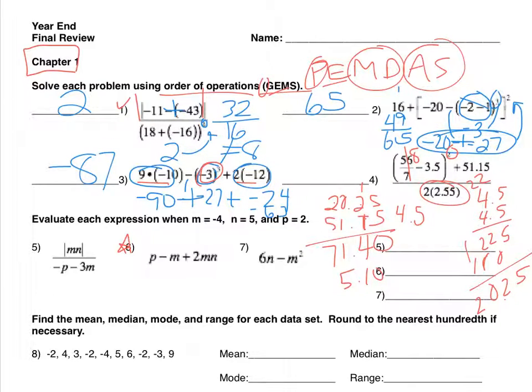Okay, then we have a division problem that we don't have room to show on our paper, but I'm going to make the best of it here. We're going to say 71.4 divided by 5.1. I'm going to move that decimal over, and float it to the top. 51 goes into 71 one time. 1 times 51 is 51.